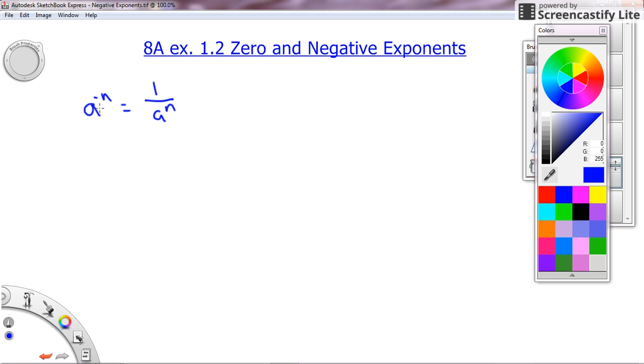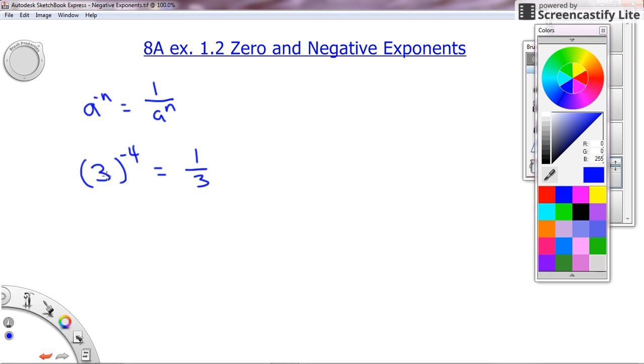So let's do some real numbers. I'm going to take the number 3 and I'm going to raise that to the negative fourth power. Now what that means is the negative exponent says take the reciprocal of 3. Well, I hope you remember that the reciprocal of 3 is going to be 1/3.